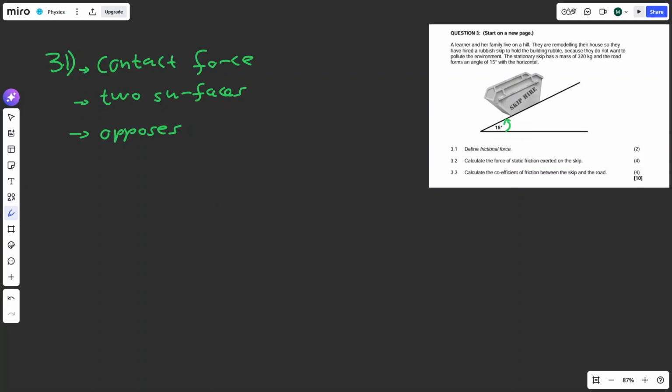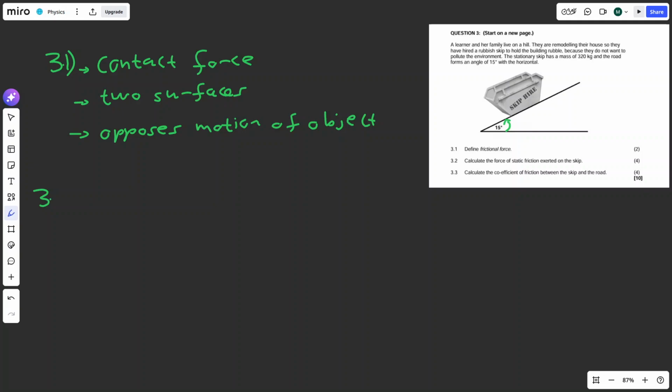So frictional force opposes the motion of the object. In a nutshell, it's a contact force that develops between two surfaces that are in contact.